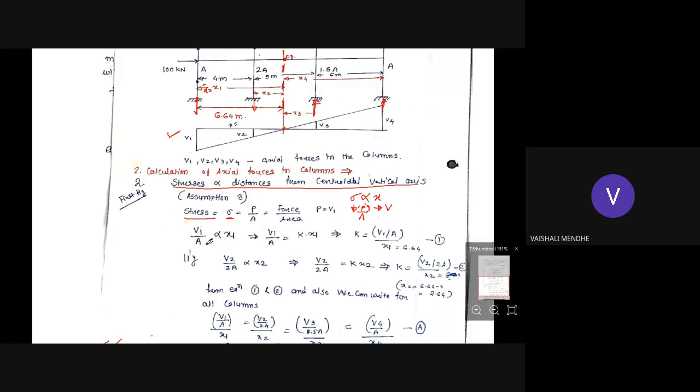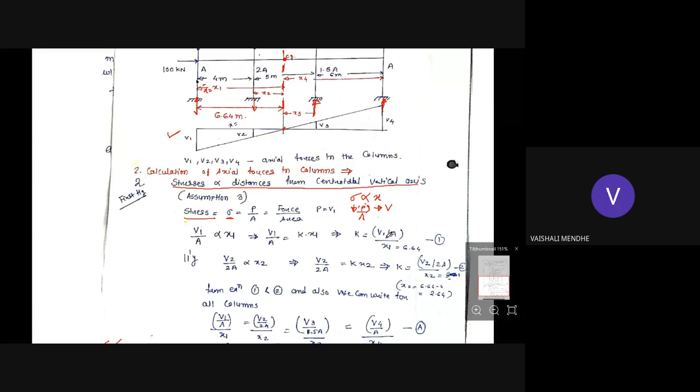So if you solve this, V1 by A equal to K into x1. This K is the constant of proportionality. So K you can write down as V1 by A divided by x1. x1 value we know, area we know, so we can find out the value of V1.